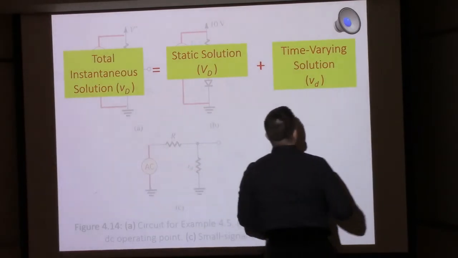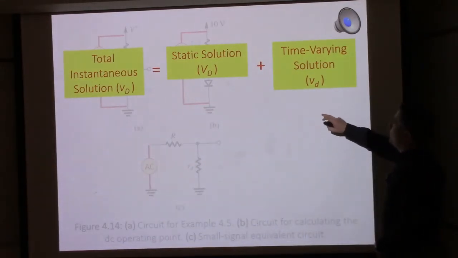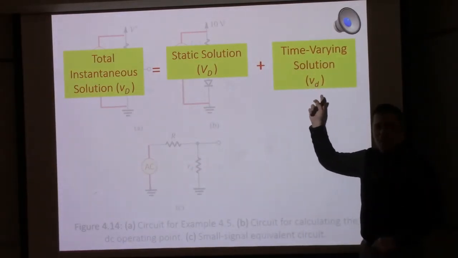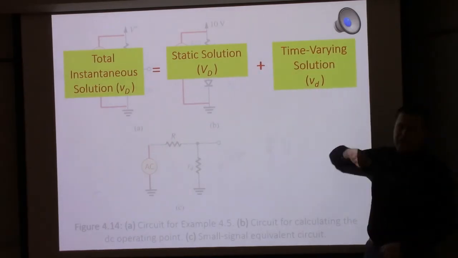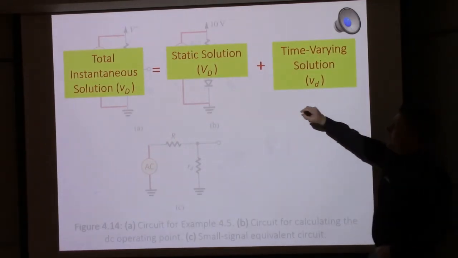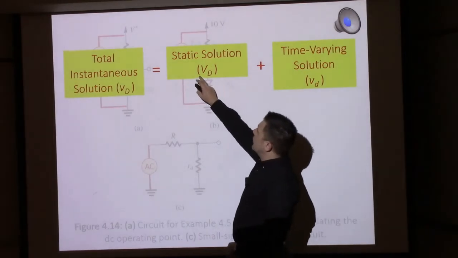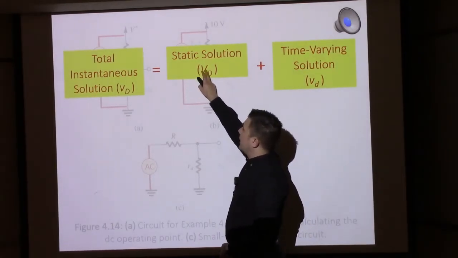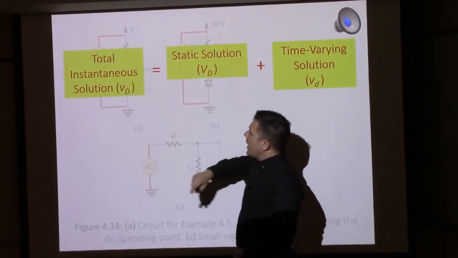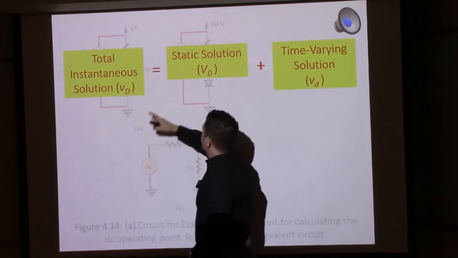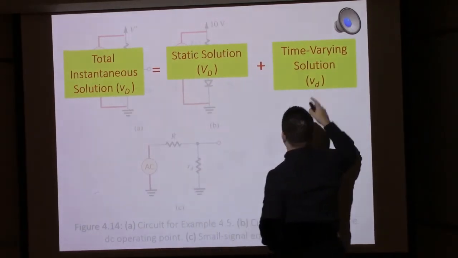The time varying component of any value will be described by lowercase variable, lowercase subscript. And then the steady state, or the static solution or component of any signal, will be uppercase, uppercase. So what we have is lower upper, upper upper, lower lower.